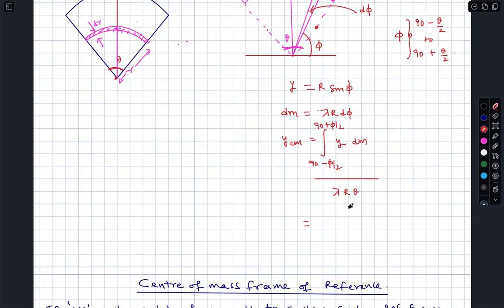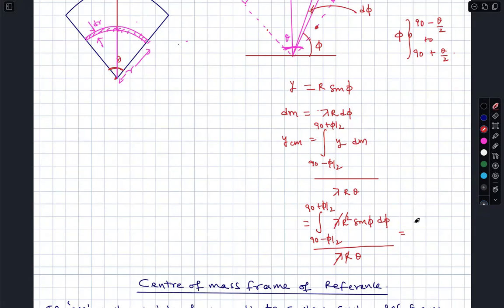So what I'm getting is, from 90 minus theta by 2 to 90 plus theta by 2, r sine phi times lambda r d phi, that is lambda r square sine phi d phi, divided by lambda r theta. Fortunately, constants, so you can cancel. And by the way, the integral of sine phi d phi is minus cos phi.